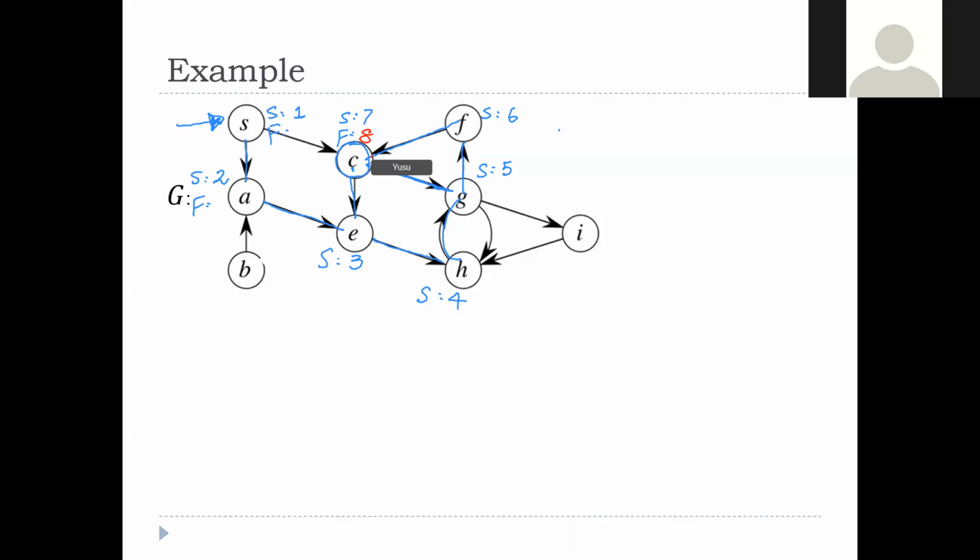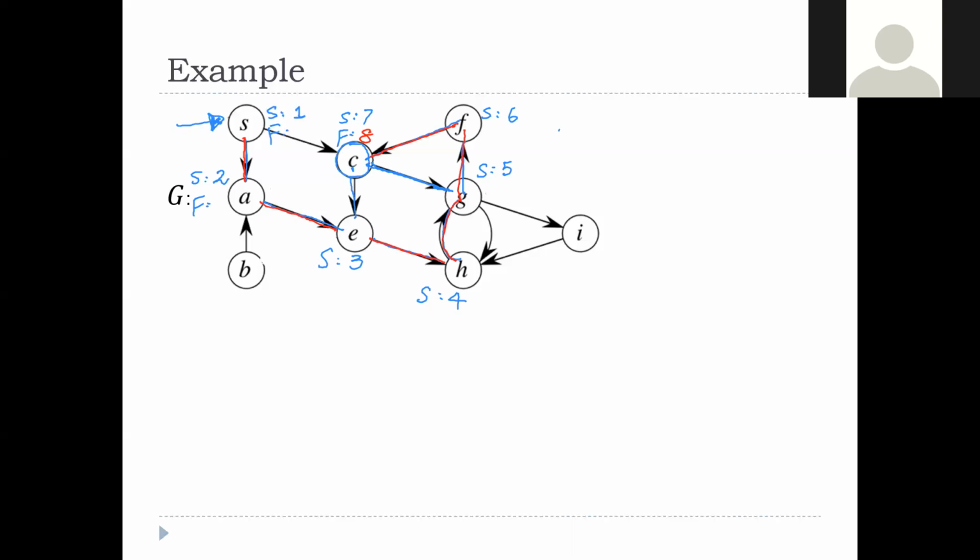Then we go back to the function that called C, where we discovered C. So in fact, let me mark all these predecessor edges connecting a node and its predecessor with some red, okay? So these are red. So then we know that we found C through F, so we go back, okay?